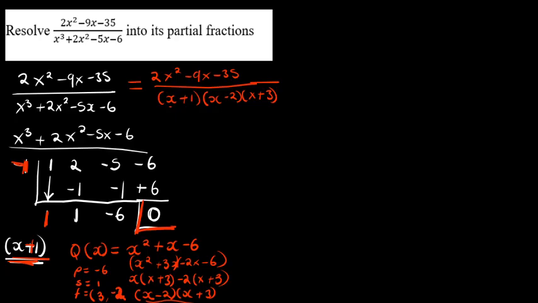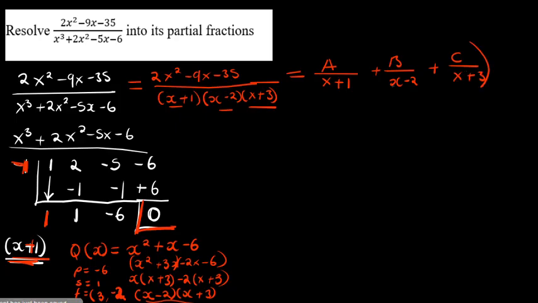Now since all of them are linear functions, you have A over x plus 1 plus B over x minus 2 plus C over x plus 3, like that.